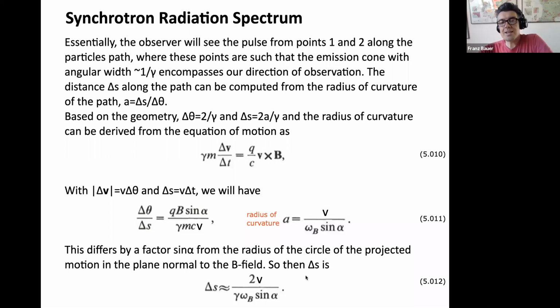We can think of this delta S as looking like this. Plugging in our values, we end up with this extra factor. This thing is related to the velocity, and to our gyro frequency, so our magnetic field principally. But there's another factor of gamma here and our pitch angle.